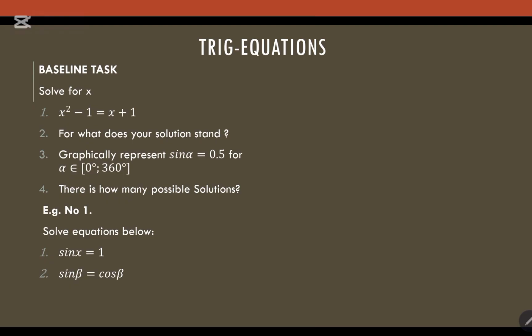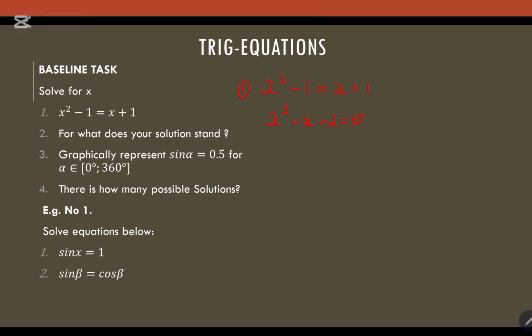x squared minus 1 is equal to x plus 1. The instruction says solve for x. Now, solving for x in that equation, x squared minus 1 is equal to x plus 1. Algebraically, the equation will now be x squared minus x minus 2 is equal to 0.